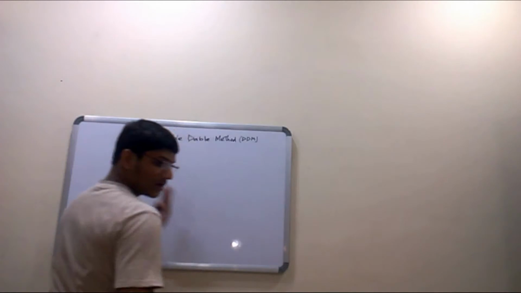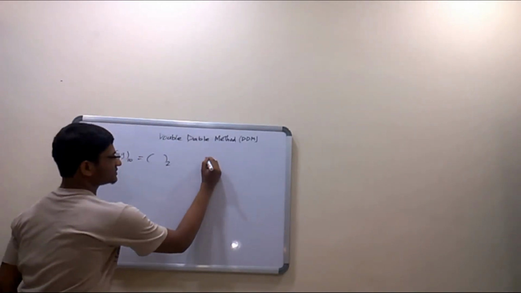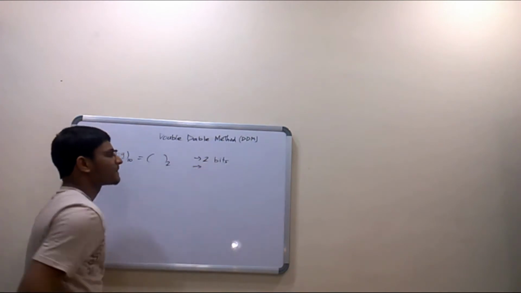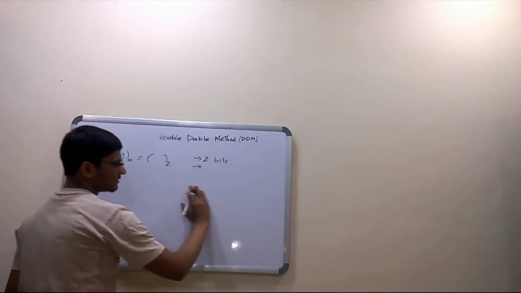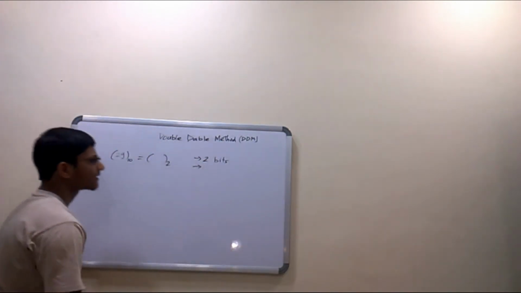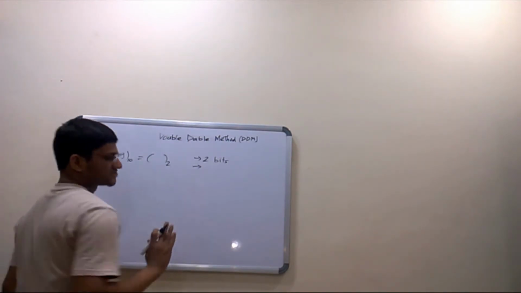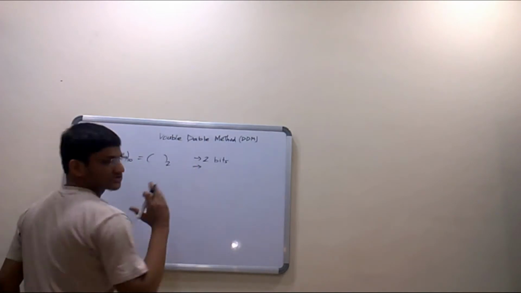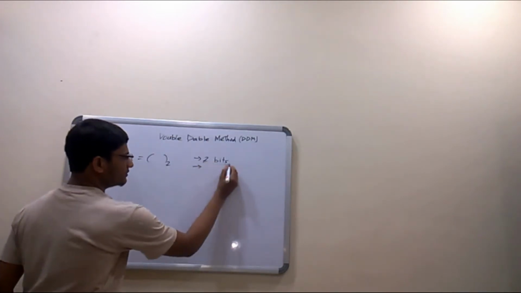Why 2? Why only 2? First of all, the binary number system consists of 2 bits.